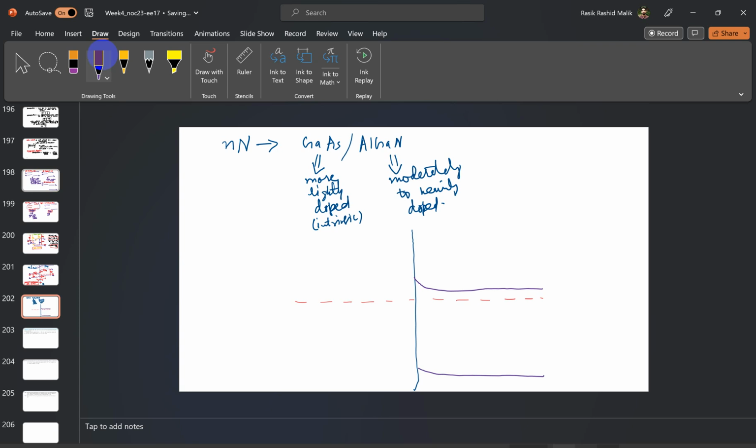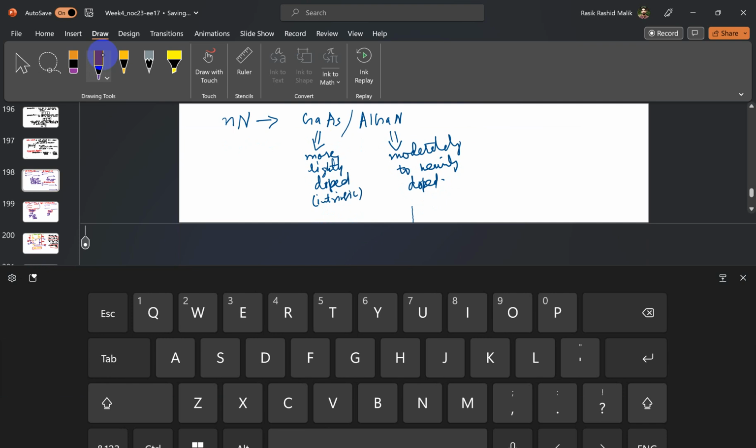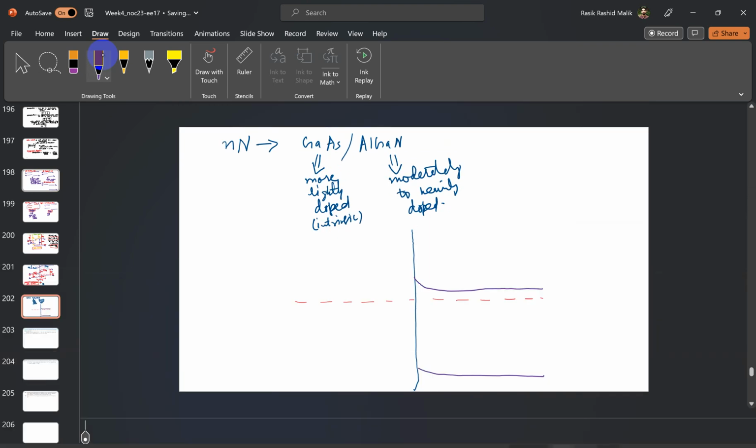And the opposite case on the narrower bandgap material, where we will have the accumulation of the carriers. Since there is accumulation of the carriers, the conduction band will be more like this. I have to correct these.